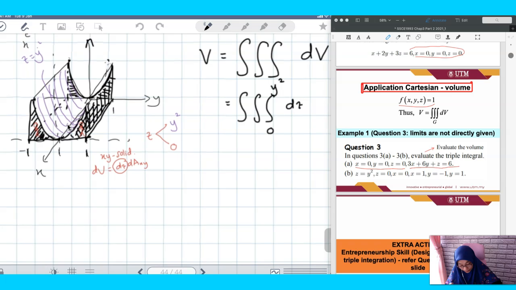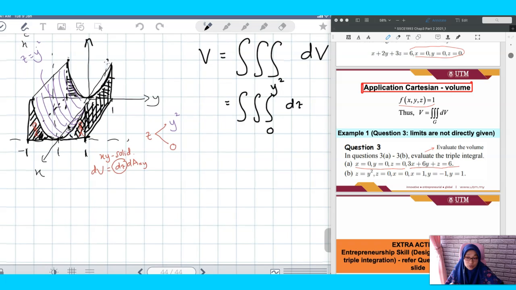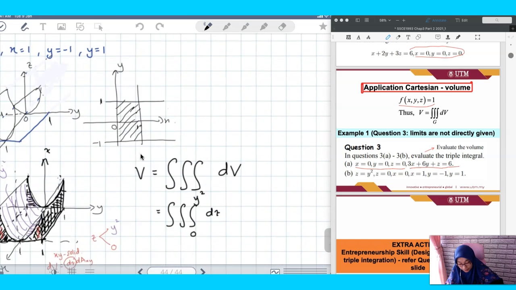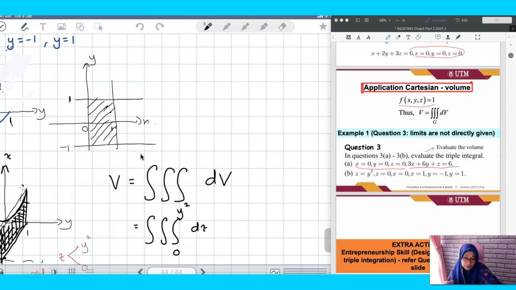Now about your dA on the xy plane. What does your region look like? Your region on the xy plane is this one, part of your trace, and you can see a rectangular region, right? That means the limits of x and y are all constant. So dy dx or dx dy doesn't matter.